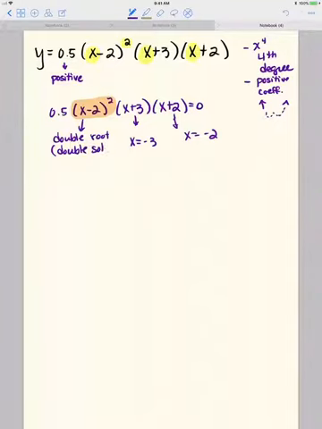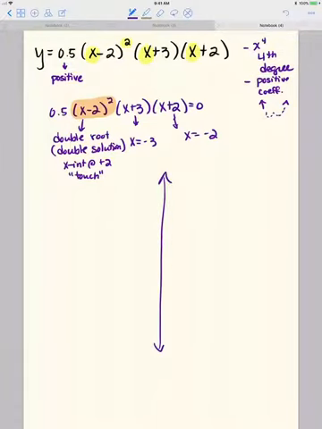And the way that that affects the graph is, it's going to have an x-intercept at positive 2, but it's going to touch it, or just kiss the x-axis right at that, and then bounce back up, or bounce back down depending on where it hits with the pictures. Because it is a 4th degree, but one of those zeros is being counted twice. So let's see where that touches.